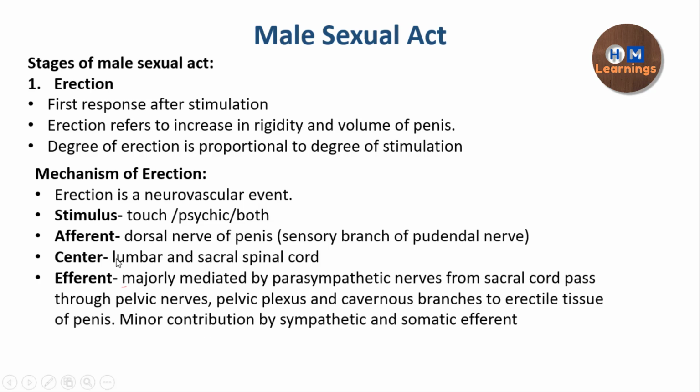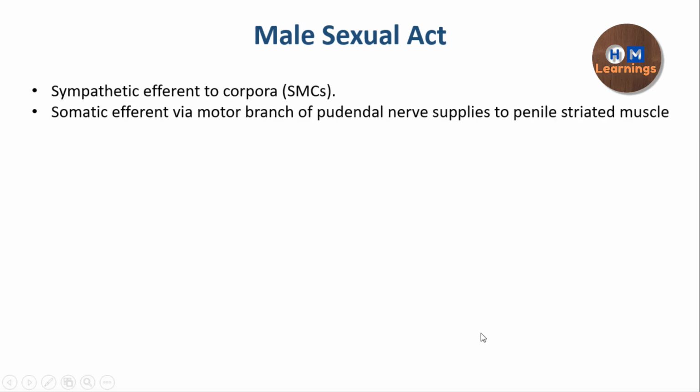The minor contribution is from the efferents arising from the center, which are also the sympathetic, arising from the lumbar part, and the somatic efferents also. So where do the sympathetic and somatic efferents go? The sympathetic efferents will go to the corpora, which are the smooth muscle cells of the erectile tissue of penis. So we will see in detail what is erectile tissue.